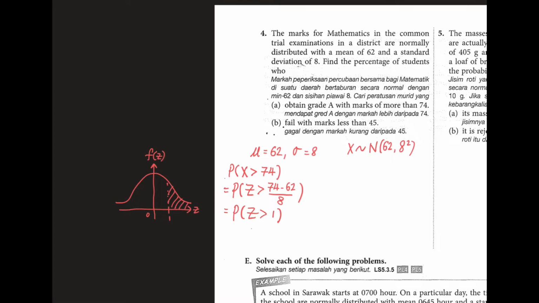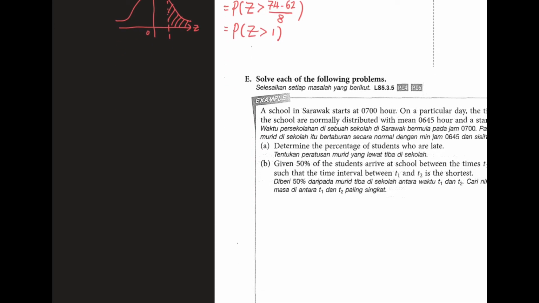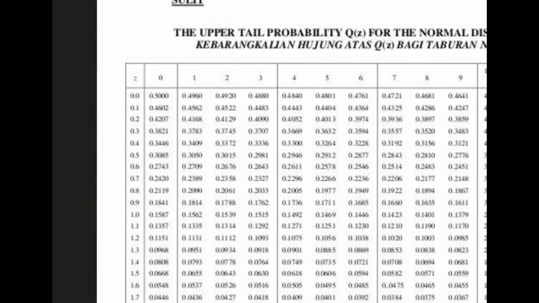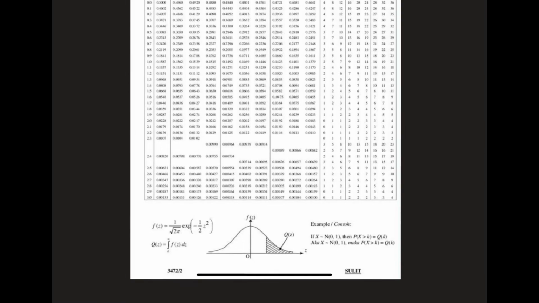To find the probability of more than 1, we look at the normal distribution table. Try to recall, our table will help us find the area on the right hand side of the z.